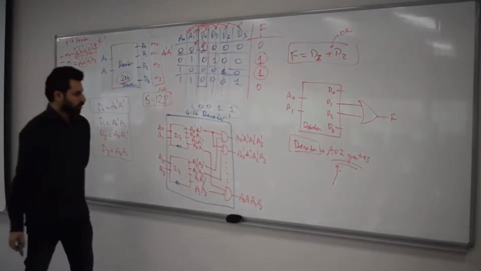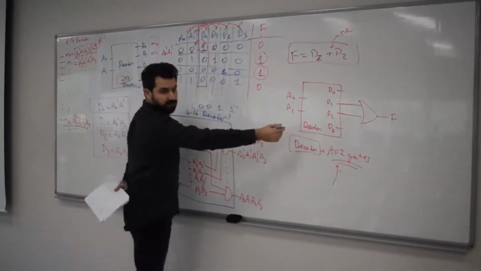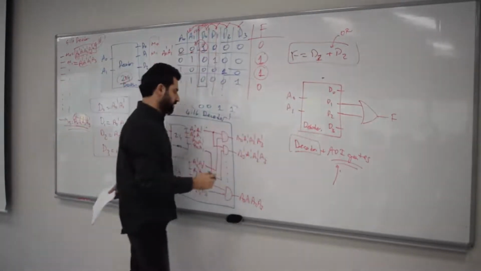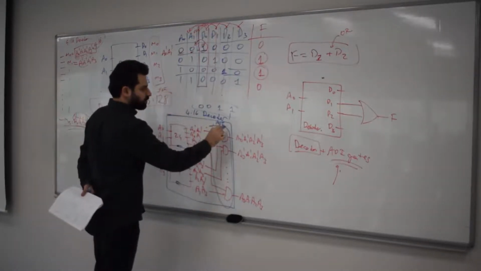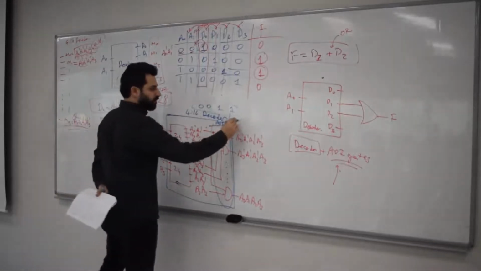Of course, as you can see, similarly in here, there is a function implementation. You may have to use extra AOI gates. In this case, we used AND gates, and we got 16 of them.